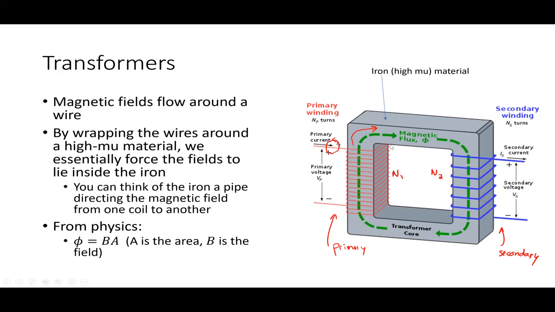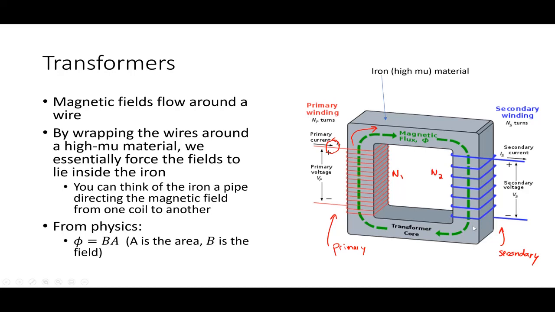The basic concept of a transformer is that if you take windings and wrap them around a material that has high mu, like iron, that high mu material is going to direct the magnetic flux into this device and flow it into the other coil.